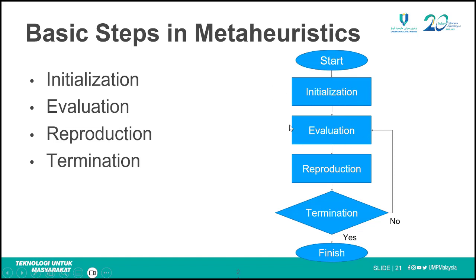Then evaluation is to evaluate the solutions generated in the earlier stage. Then reproduction means that based on the results obtained from evaluation, the algorithm will reproduce new solutions based on the specific algorithm that we utilize. Finally, termination: it will stop the iteration process once the termination criteria are satisfied.